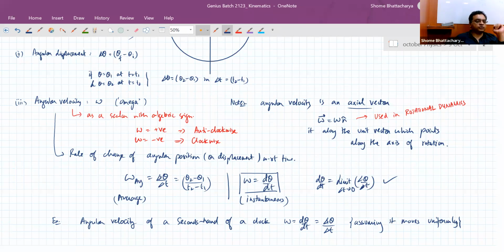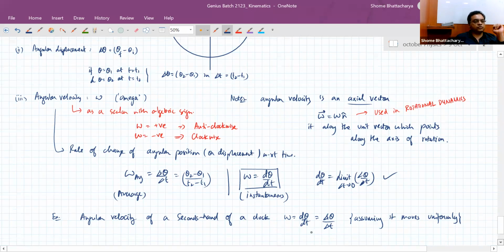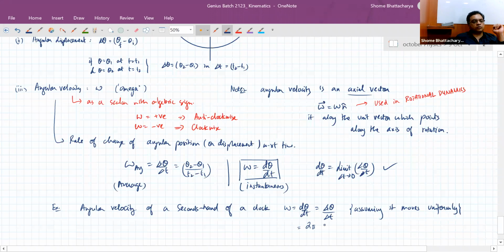So we're talking about the one that goes uniformly. You will see that this is equal to 2 pi radians in 60 seconds. So it is pi by 30 radians per second. So you can also see from this that if we write with algebraic sign, it should actually be negative because it goes clockwise.